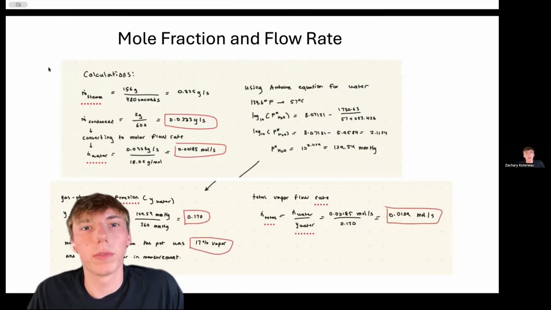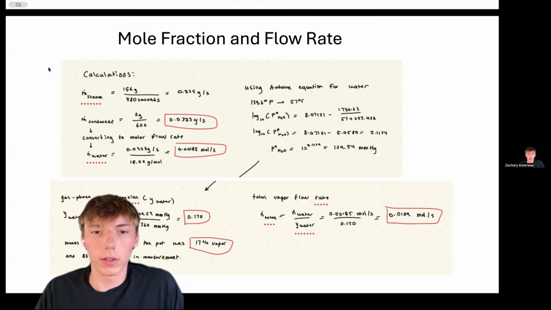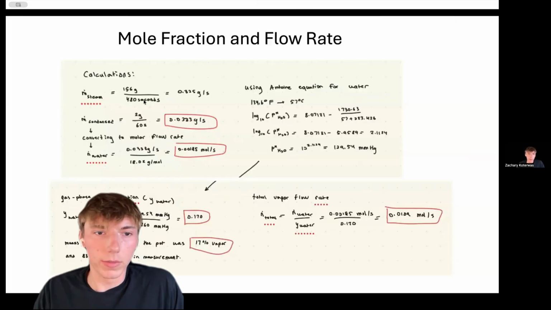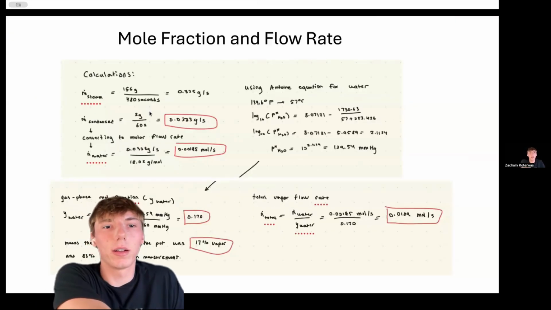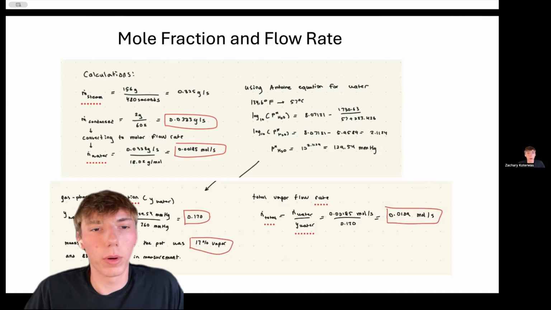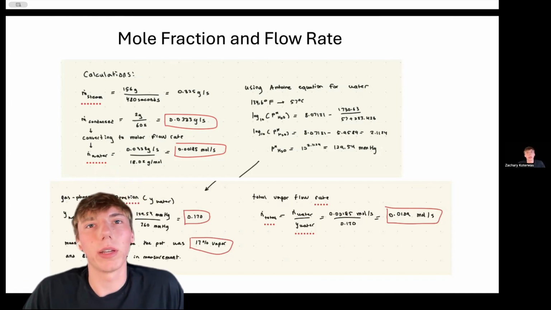This is my mole fraction and flow rate slide, where the mass flow rate of steam, calculated here, of 156 grams is divided by the 480-second duration, which is the 8-minute period of boiling the pasta, and I got 0.325 grams per second.